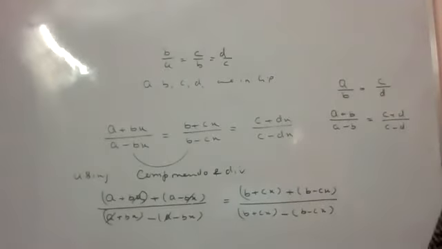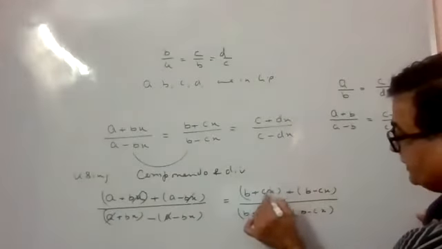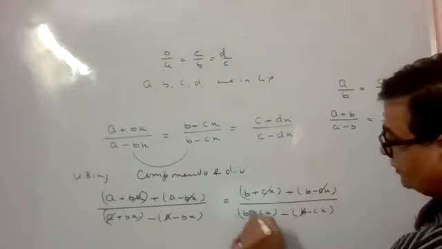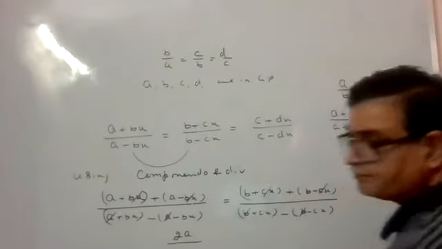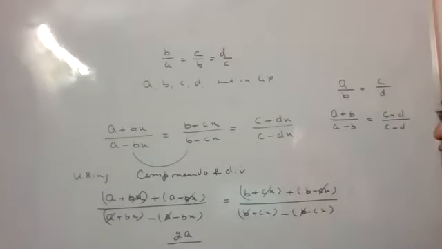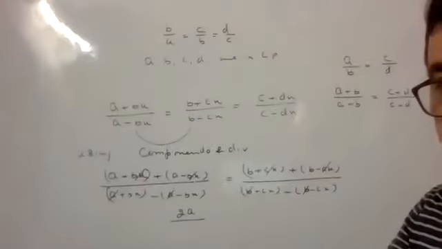So when you have this, you can simplify it easily. What is the numerator? We got 2A. Denominator comes out to be 2BX.